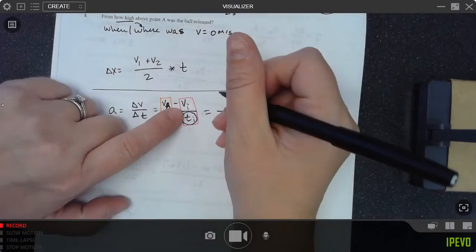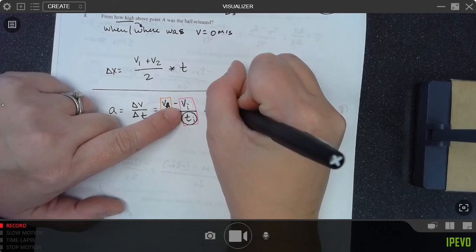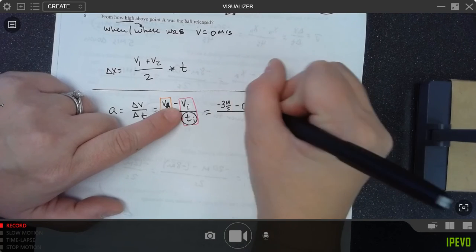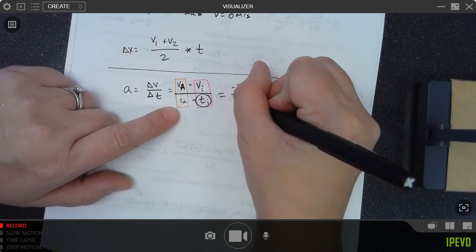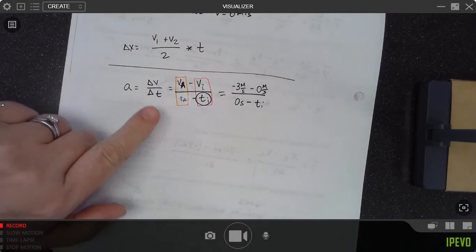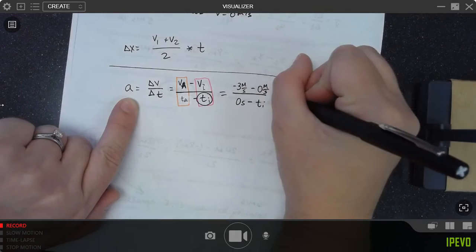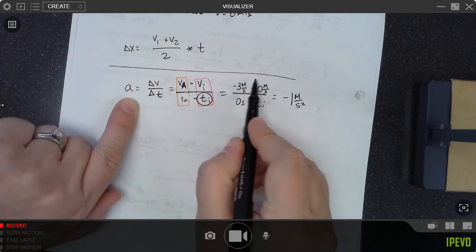What's our initial velocity going to be? 0. So we got -3 meters per second minus 0 meters per second. We know that our A time is 0 seconds, and our initial time is what we're trying to solve for. What is our acceleration equal to? Yeah, so we're going to set this up all equal to -1 meters per second squared. And so then this is the equation that we're going to work with.